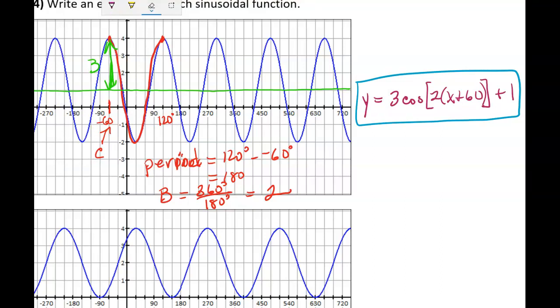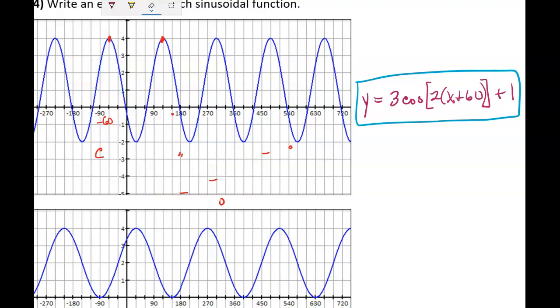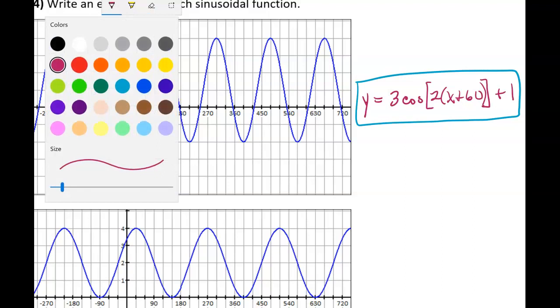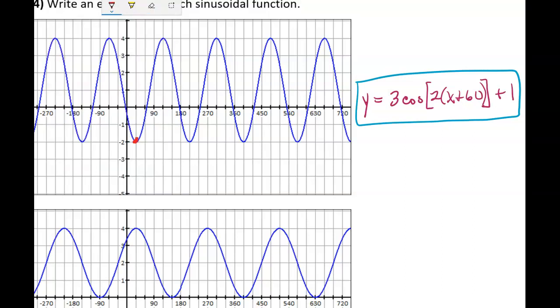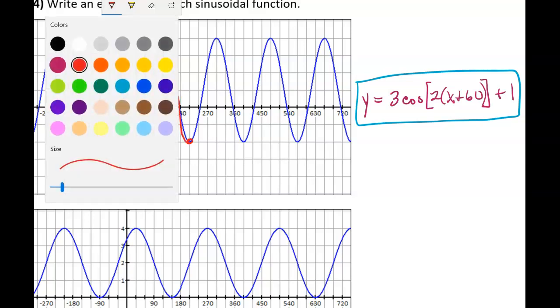Suppose your classmate did the same thing, but let me get rid of all this other junk here on the graph. Instead of doing what we just did together, they said, you know what? I'm going to go from here to here, from a minimum to a minimum. Two things are going to change.